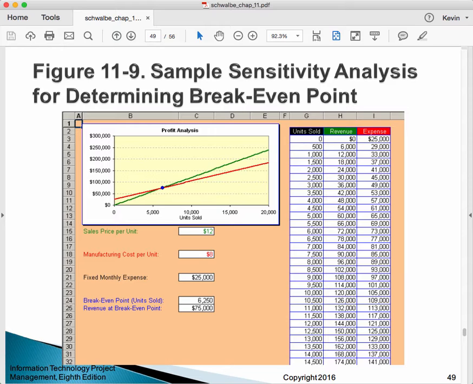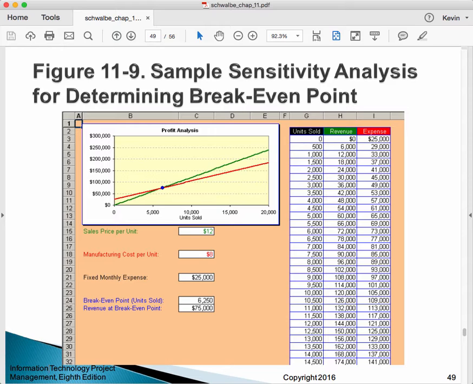If we're able to get $12 a unit and the manufacturing cost is $8 and the fixed monthly expense is $25,000, we only have to sell 62.50 to break even. Well, I'm sure we're going to sell 62.50.